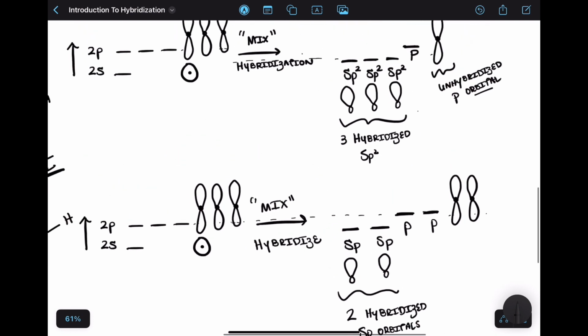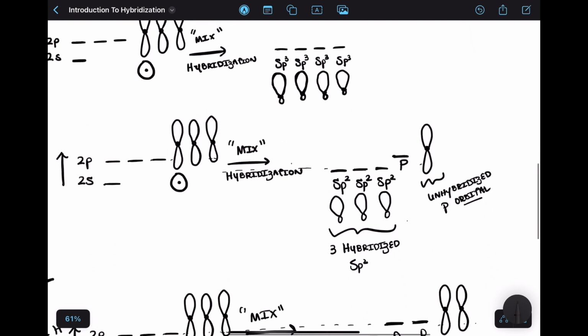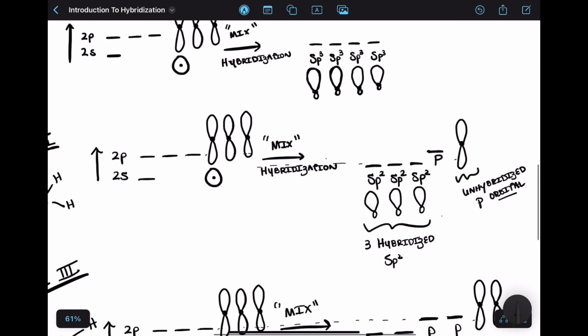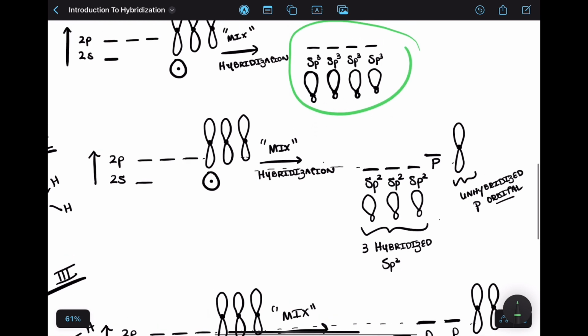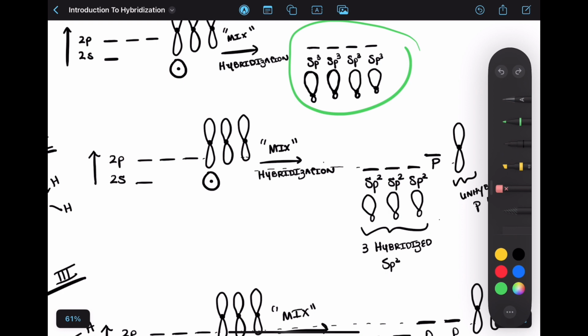All right, so there are three ways to mix them, and essentially we get three different types of hybridized orbitals. We get sp3 hybridized orbitals, four of them, all of them equal. So let me write that down as I did in the other cases.